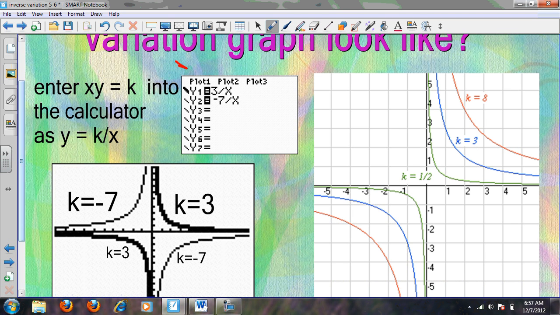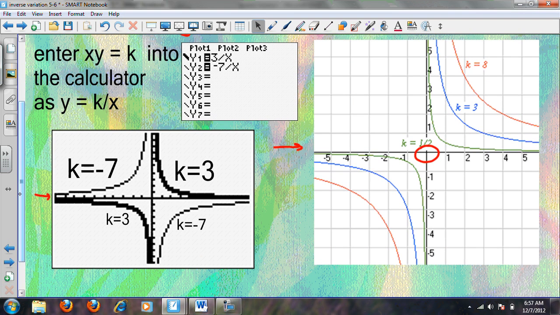That's the input that you're putting in. Here is what they are going to look like as you graph them. Notice they don't go through the origin, and notice they're not linear. So take a minute and fill those out, giving yourself some examples of what inverse variations may look like on a graph.